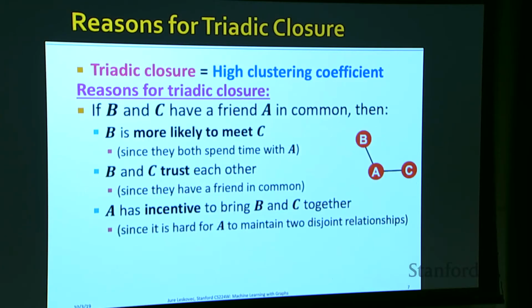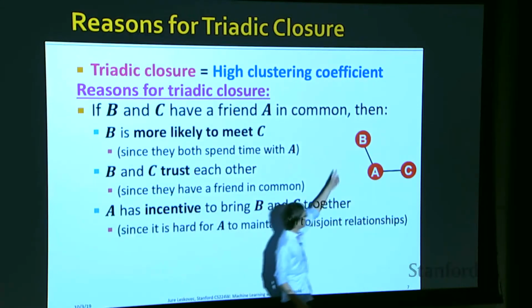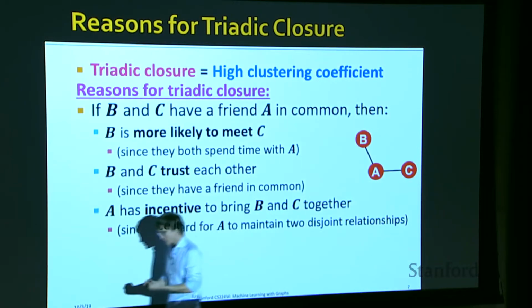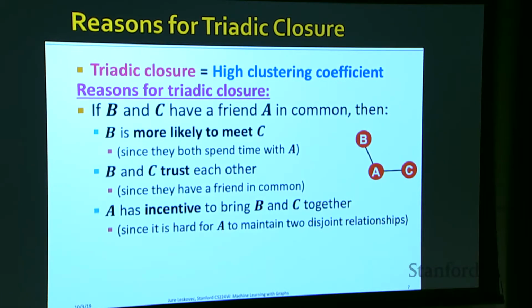So the point is that triadic closure in networks, which basically means that people who have a friend in common are more likely to create connections, is very pronounced in social networks. For example, if A and C have a friend in common, B, why should they create a connection?